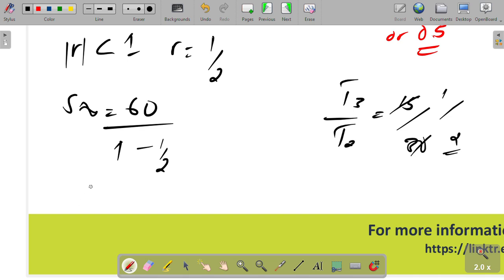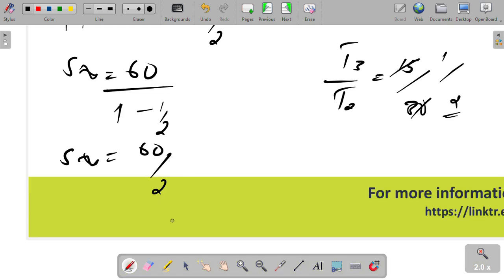Okay, so therefore this means 60 over 1 over 2, and this means 60 times 2.